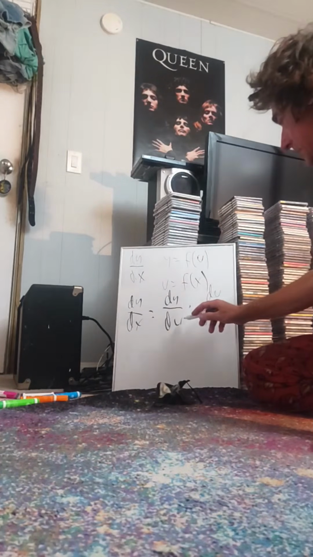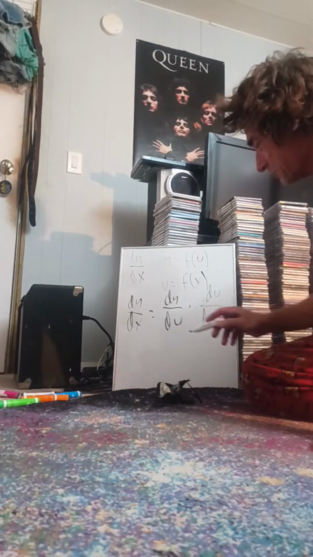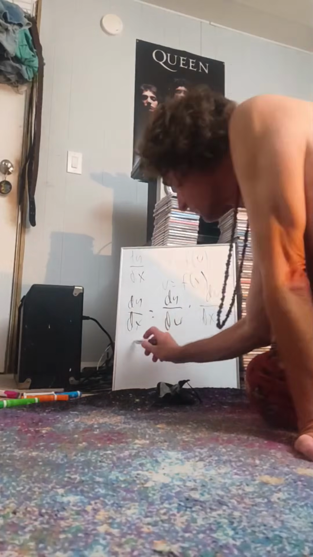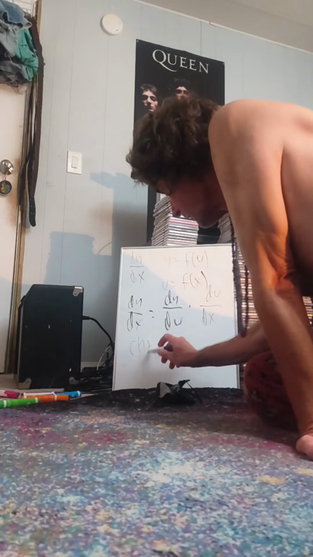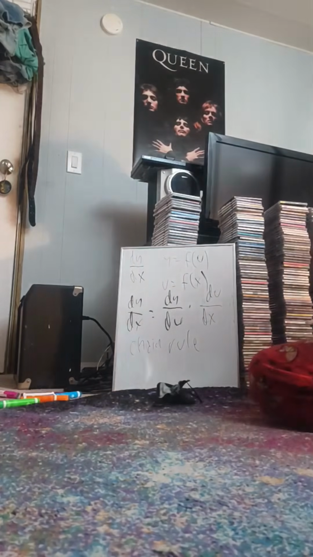The du's kind of cancel out to give you dy/dx. That's not a formal proof. In fact, that doesn't prove it, but it shows it's likely true, and it turns out it is true, and that's called the chain rule in calculus.